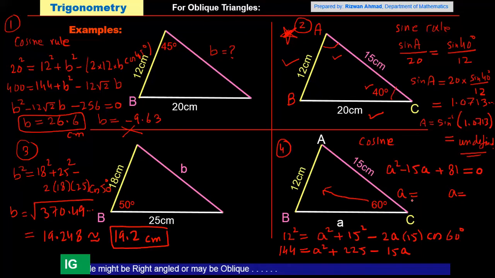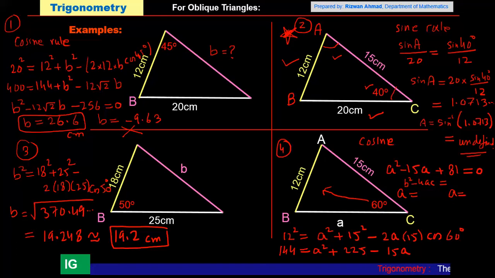But we can see that here we will not get real values of a because b square minus 4ac is negative. In quadratic equations, the discriminant is b square minus 4ac, which we calculate with a as 1, b as minus 15, and c as 81.